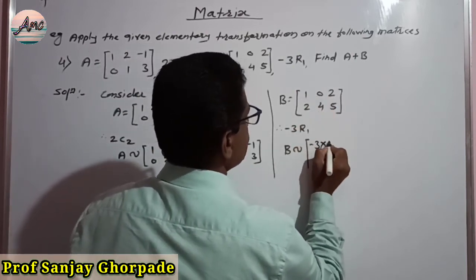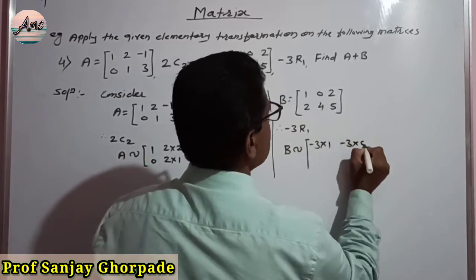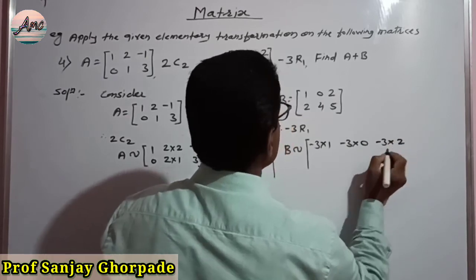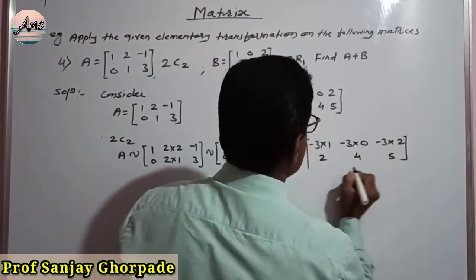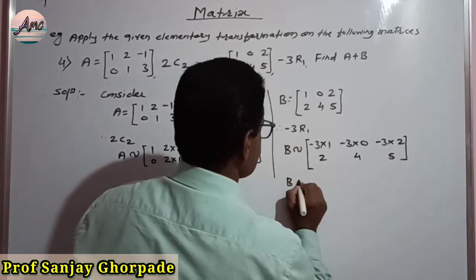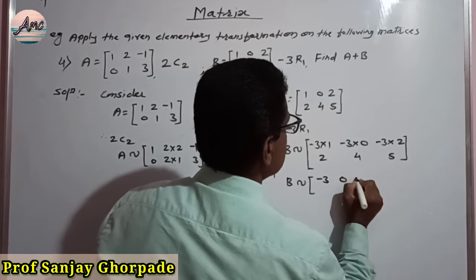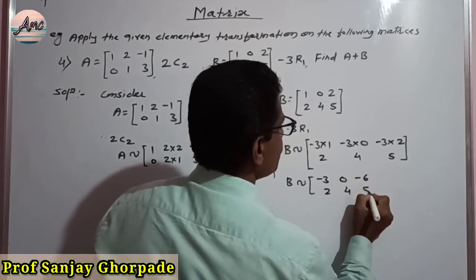So minus 3 into 1, then minus 3 into 0, then minus 3 into 2. No change in the second row: 2, 4, 5. So matrix B is equivalent to minus 3, 0, minus 6, 2, 4, 5.